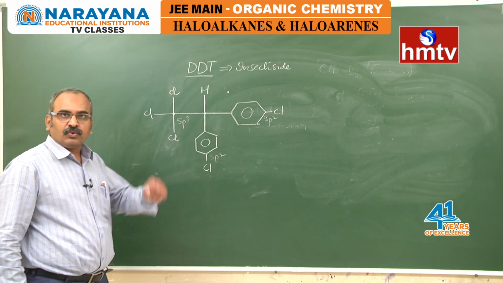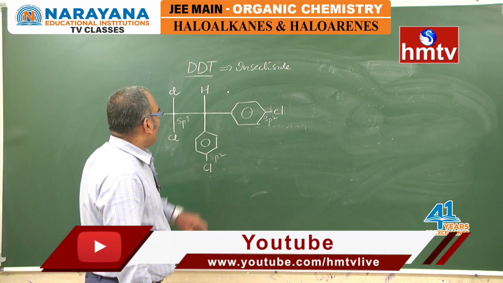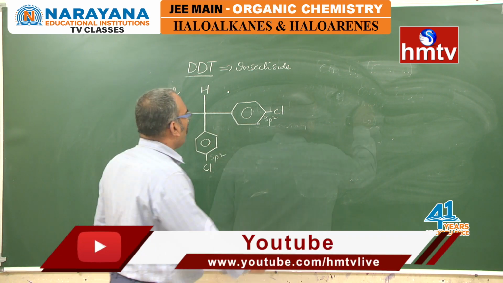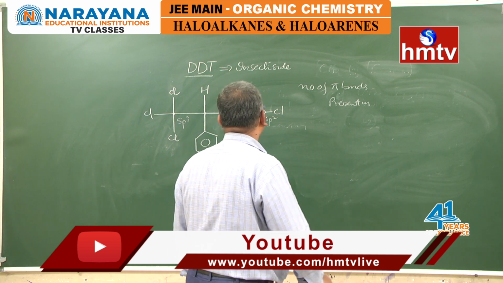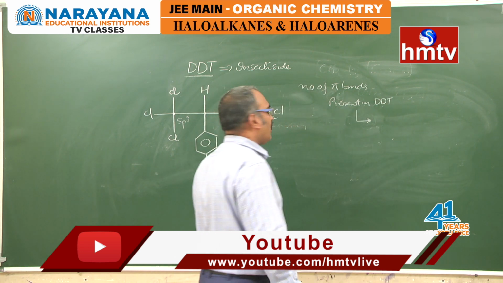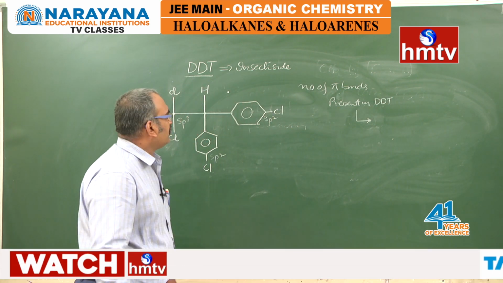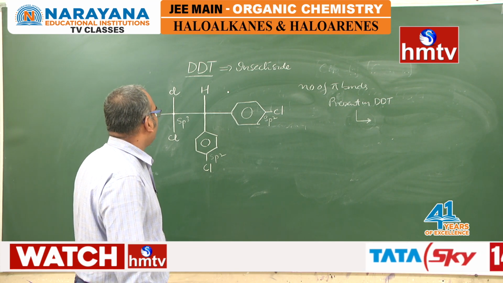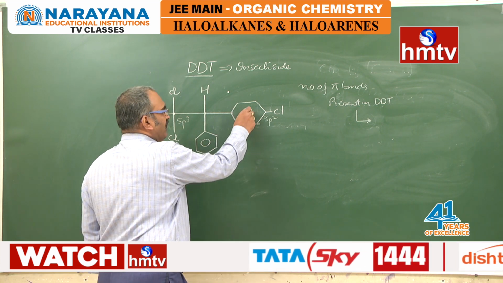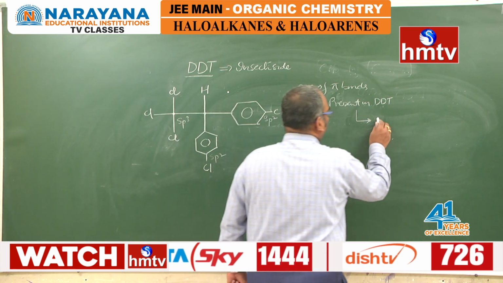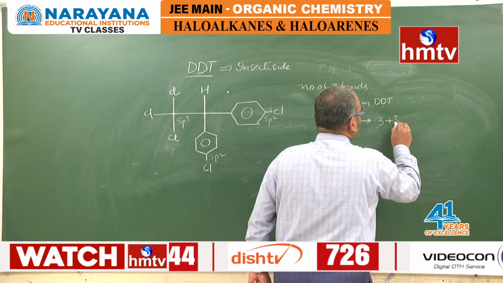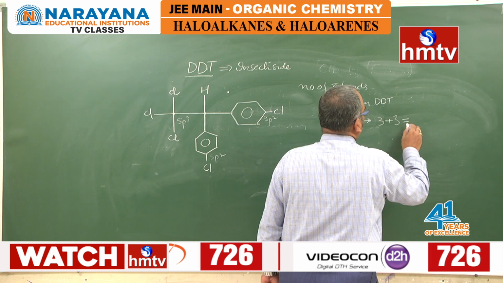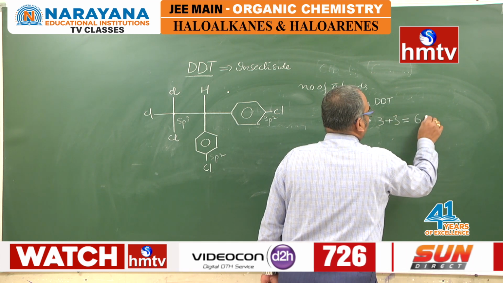They may ask what is the total number of pi bonds present in DDT. They will not give you the structure, they just ask the number of pi bonds. Every benzene ring has 3 pi bonds, so 3 plus 3 for 2 phenyl rings, giving 6 pi bonds.